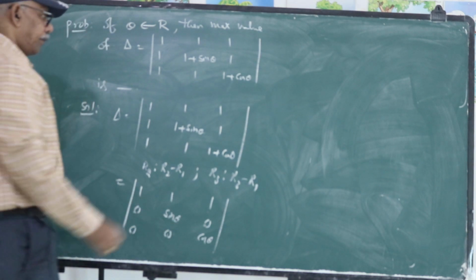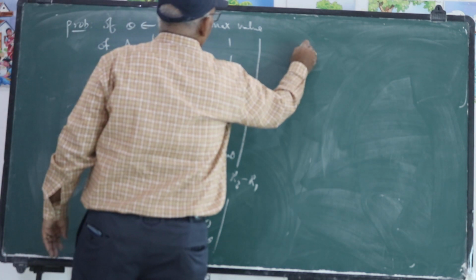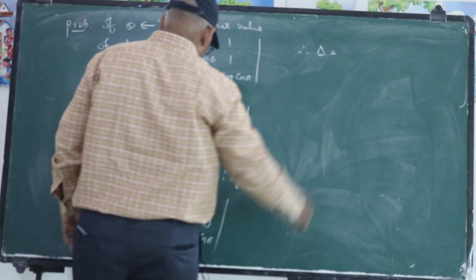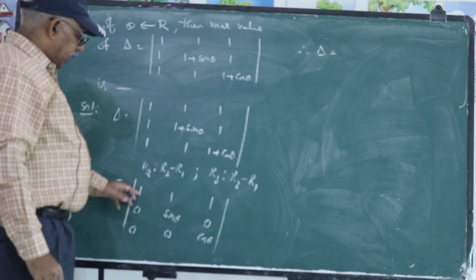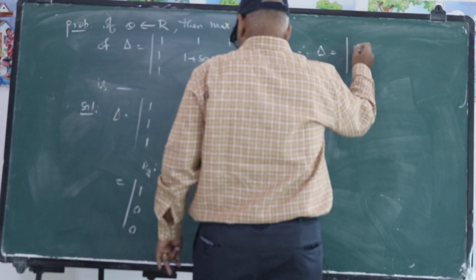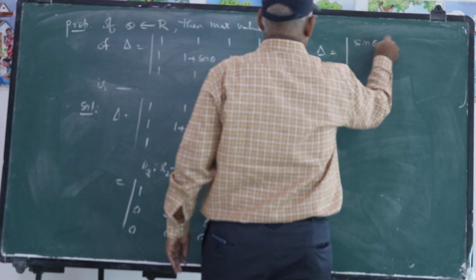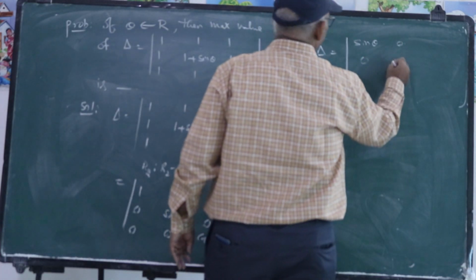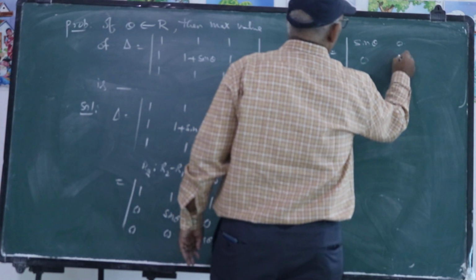Now, expanding the determinant about the first column, we get the determinant of sine theta, 0; 0, cos theta.